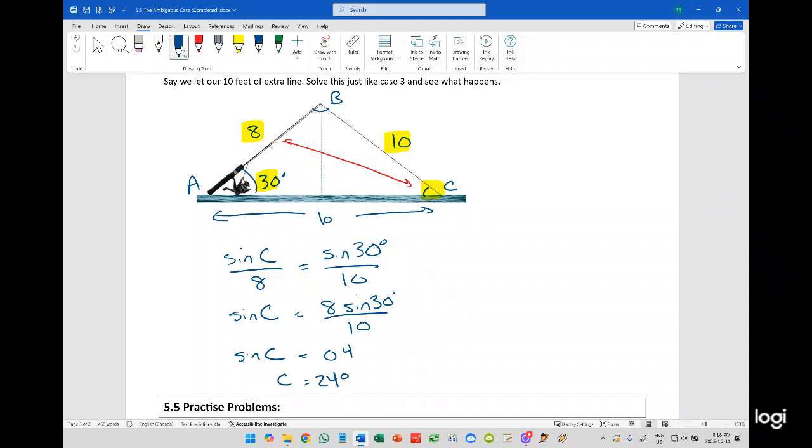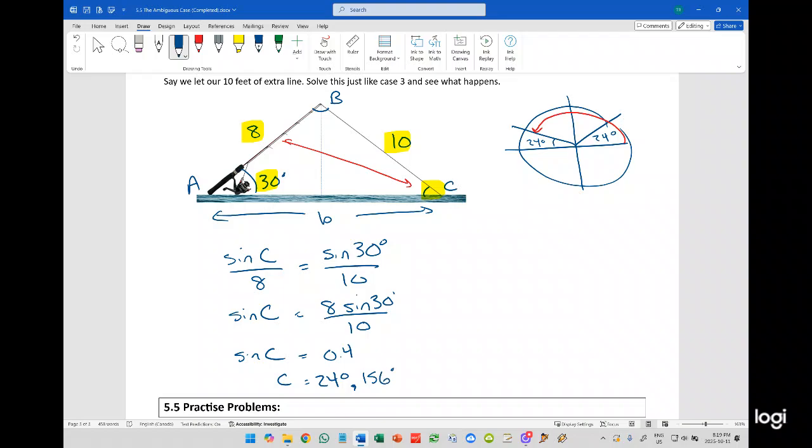Okay, so I had mentioned last time that anytime you get one of these angle sides, it could be ambiguous. So if you're not sure whether it's case 3 or 4 or 1 or 2, start this and just see what happens when you go to solve it. So we got 24 as one possible answer. But remember that 24 here, we could also get that here, which would give us an angle of 180 minus 24. 180 minus 24 is 156 degrees.